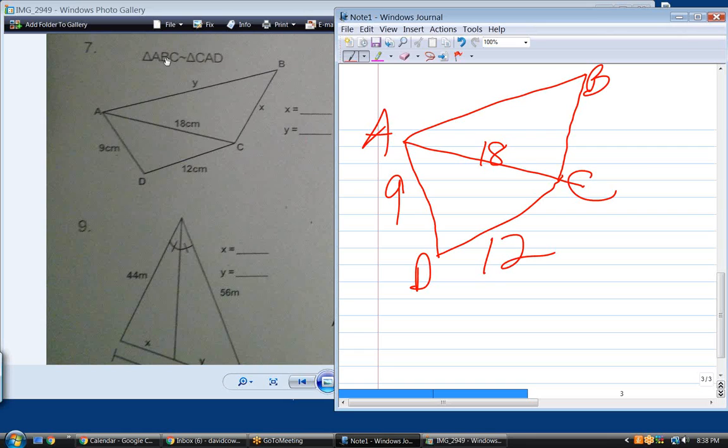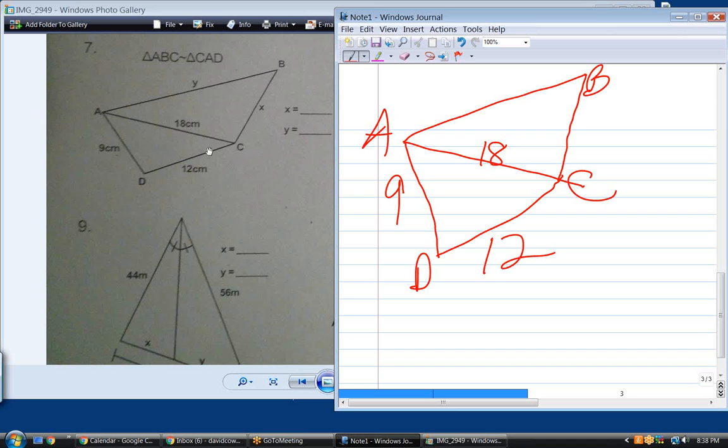In other words, since they've defined it as ABC is similar to CAD, that means angle A of this triangle, this angle right here, is the same as angle C, this angle right here. Sure doesn't look like it though. That's obtuse, that's acute. So much for using that method.